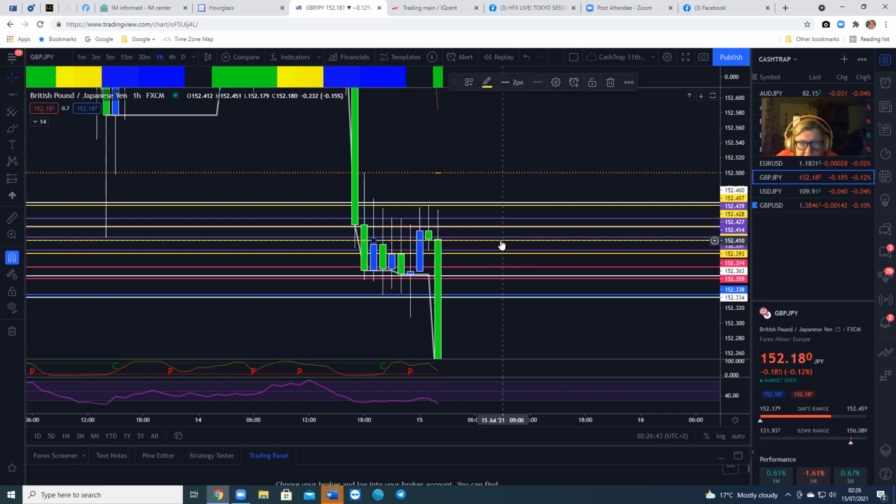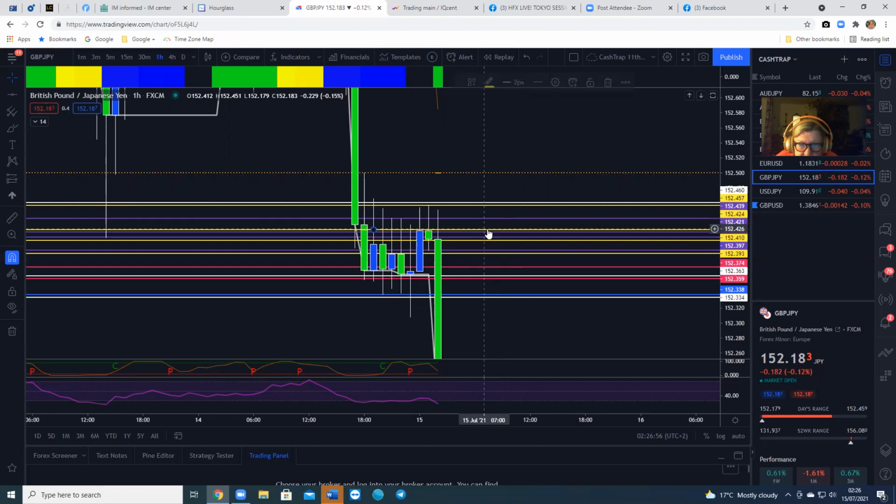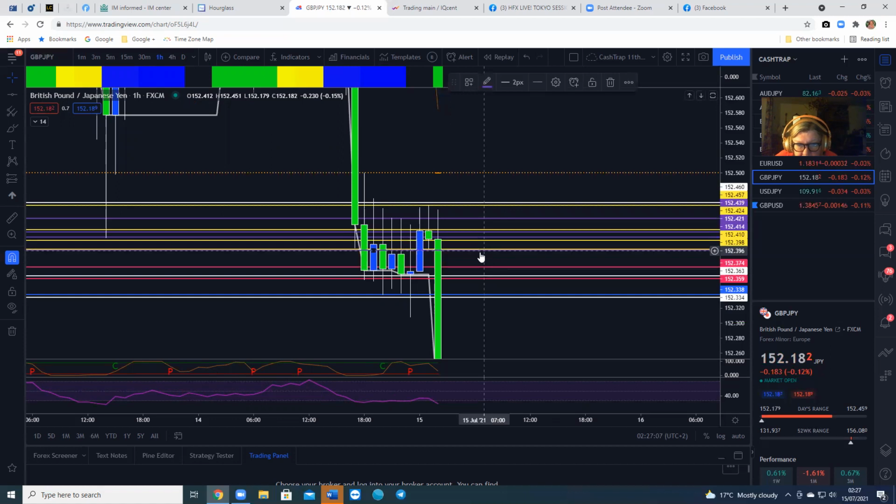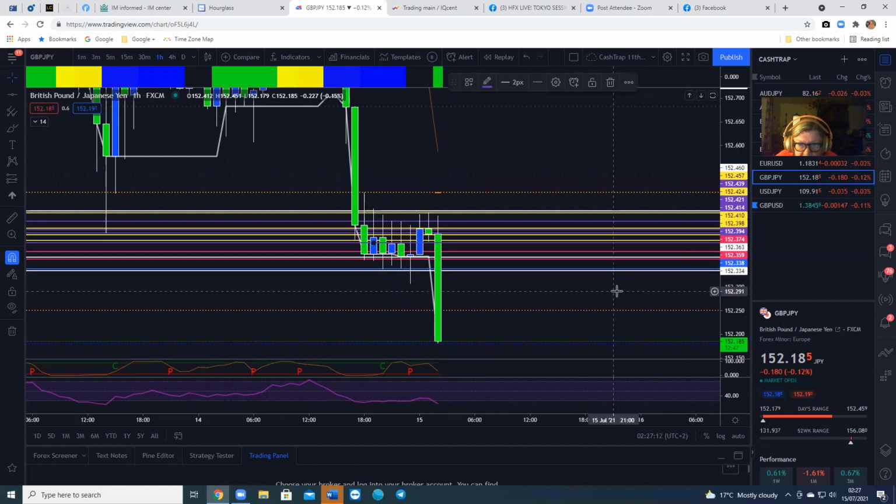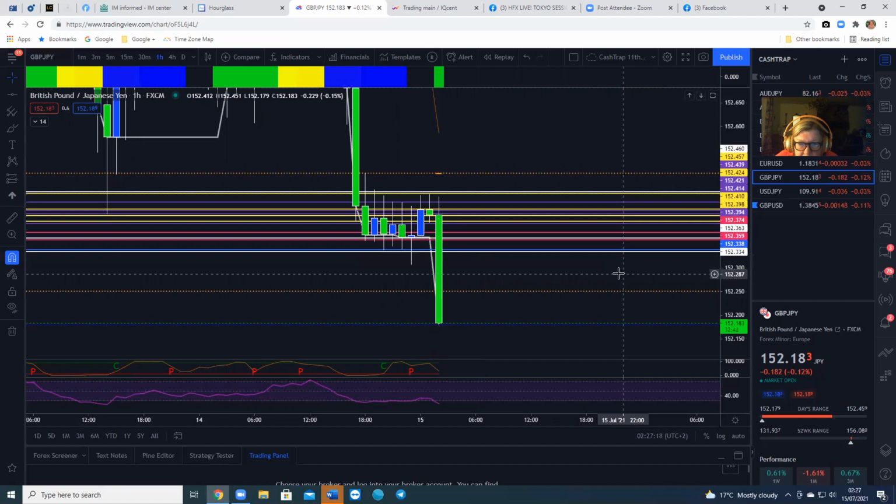Put that back there. So that's our yellow hourlies. I will put one, let me just move that.